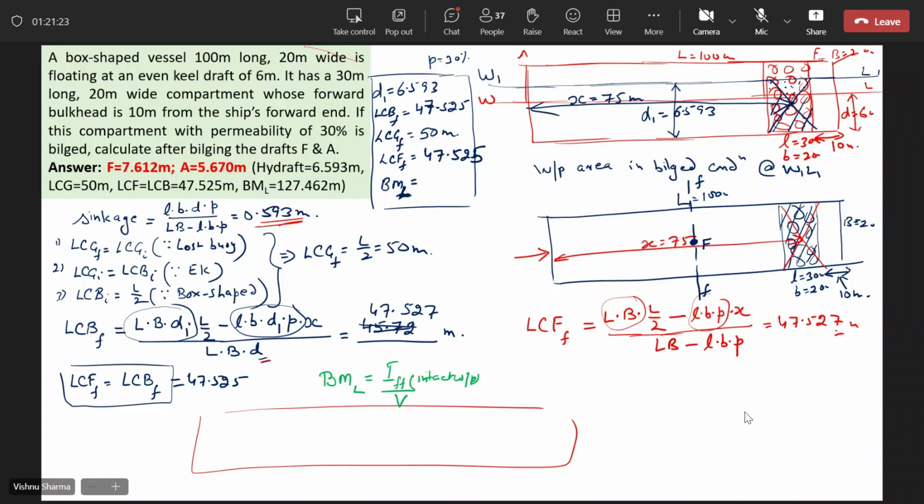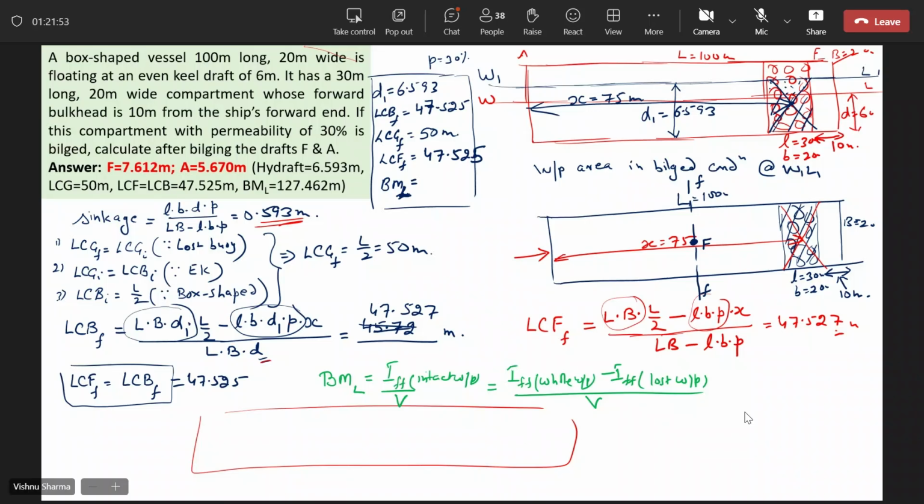And what will this be equal to? This will be IFF of the whole water plane minus IFF of the lost water plane, divided by volume of displacement. Am I right, class? Yes, sir. Anybody has any questions up to this point, please let me know.